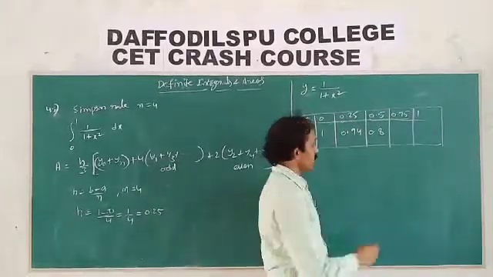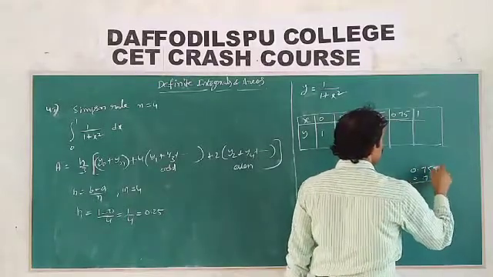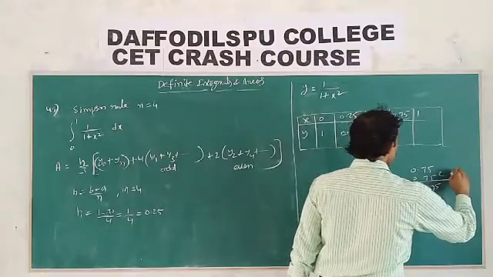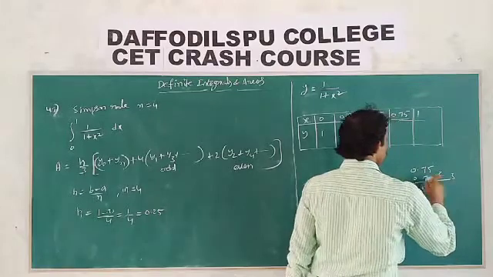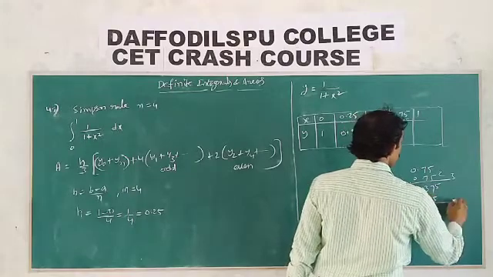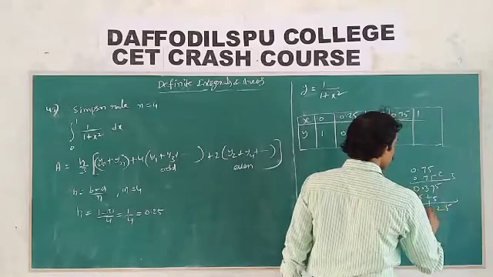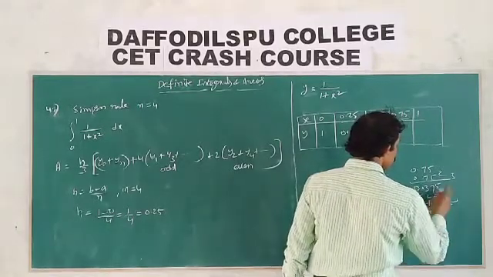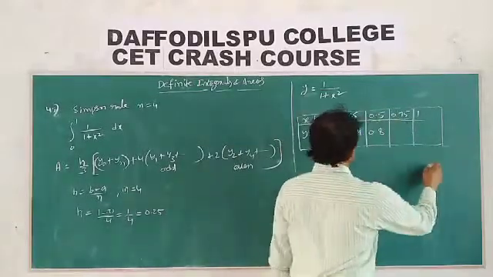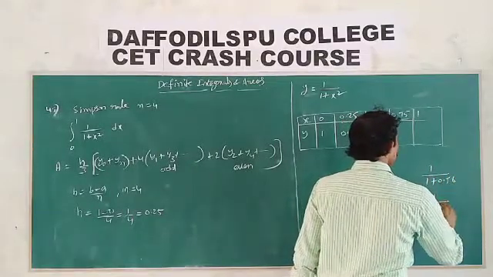1 by 1 plus x square. Substitute x as 0.75, so 0.75 square is 0.56. 1 by 1 plus 0.56, this value is equal to 1 by 1.56.